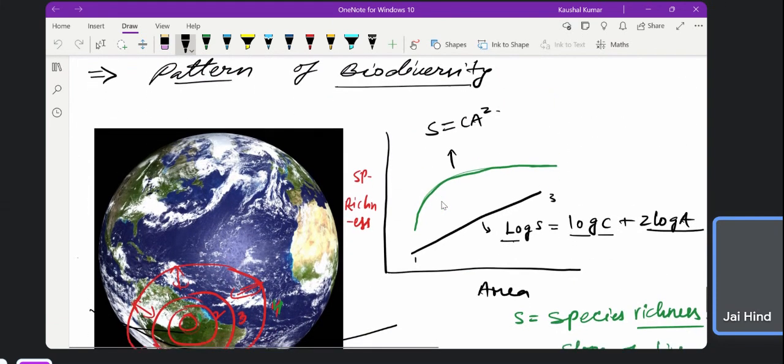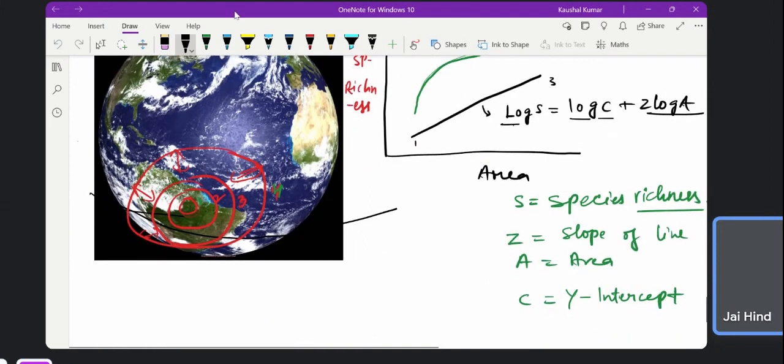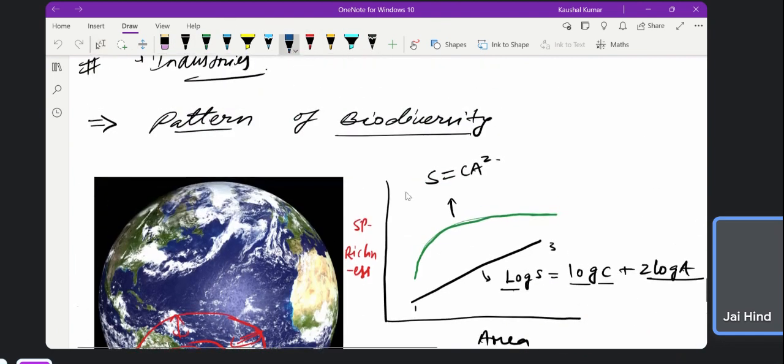The graph was introduced by the great scientist Alexander von Humboldt.